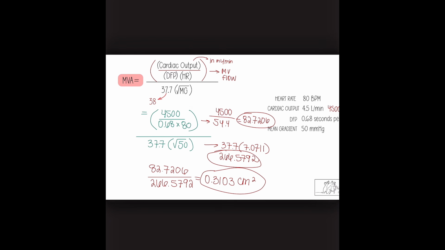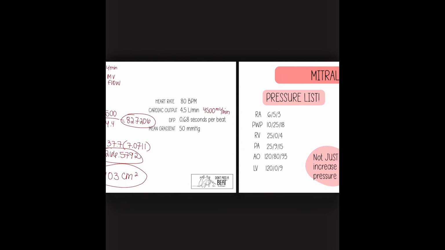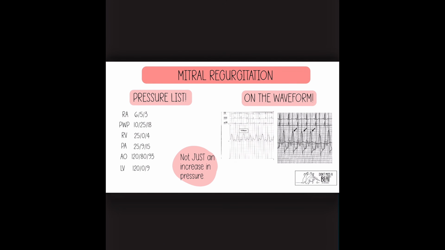The mitral valve is larger than the aortic valve, so it's between 4 and 6. Stenotic warranting an intervention is less than 1.5. Less than 1 is like super, super severe. 0.3 is super tiny. That's probably not realistic, but again, I made up these numbers, but I did have that red flag and I went and checked my math. But I hope this just serves as an example to help you work through.